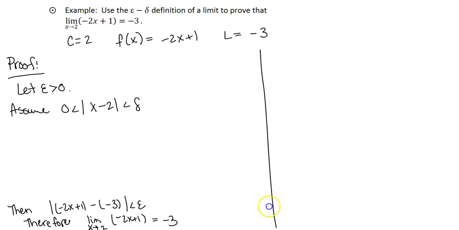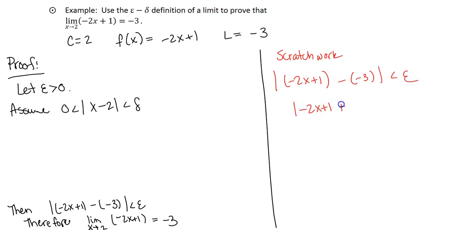So let's come over here and we're going to do our scratch work. So we're going to start with the absolute value of negative 2x plus 1 minus negative 3 is less than epsilon. And we're going to simplify. So this is negative 2x plus 1 plus 3.